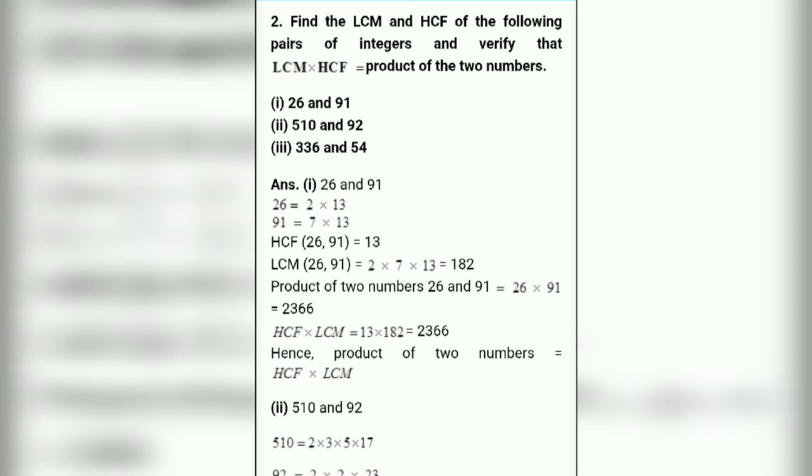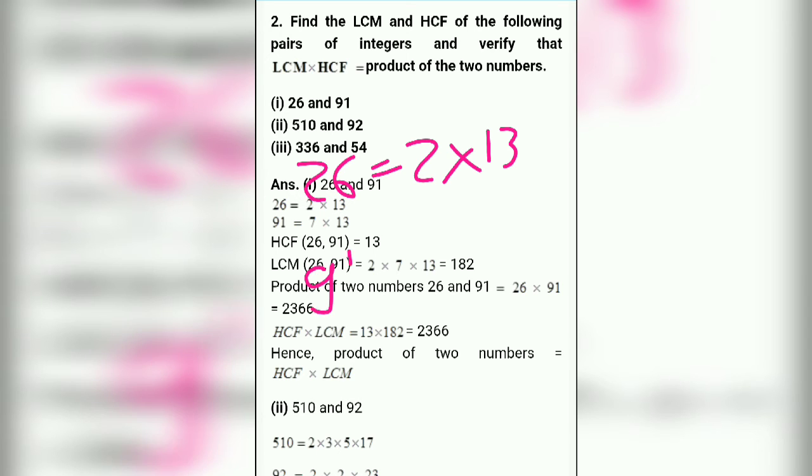So our first numbers are 26 and 91. First of all, we need to factorize 26. For 26 we can directly write 2 multiply 13, because we know the answer. And for 91, we know that 13 sevens are 91. This is already in exponential form, right?